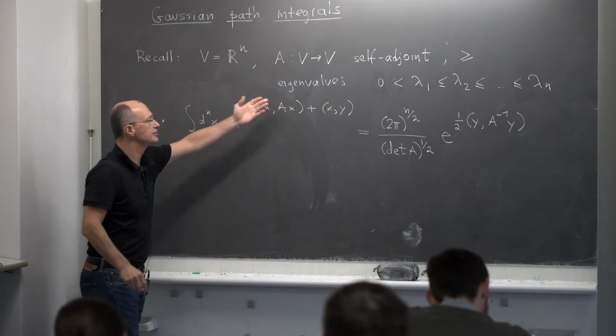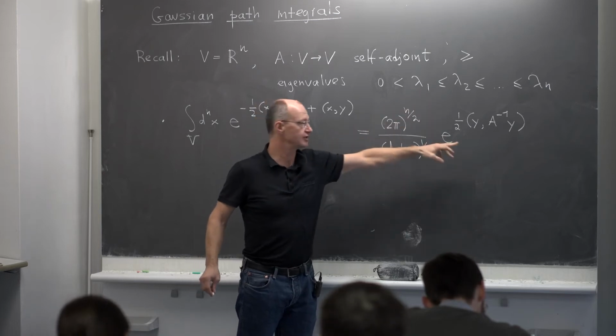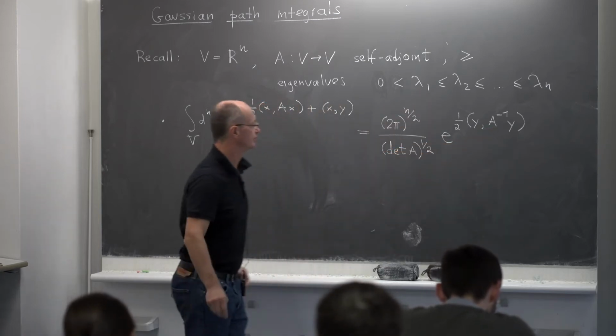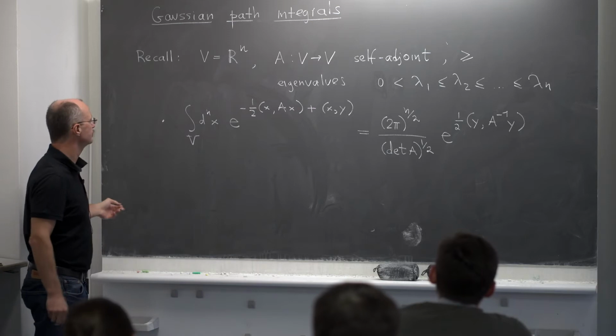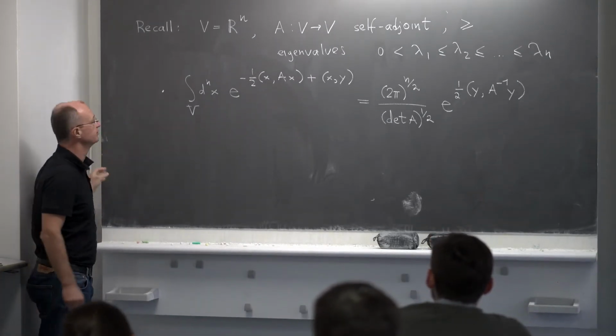By my assumptions, all the eigenvalues are positive. This means the operator is invertible, so A^-1 is well defined. And that's a beautiful formula for the Gaussian integrals in finite dimensions.